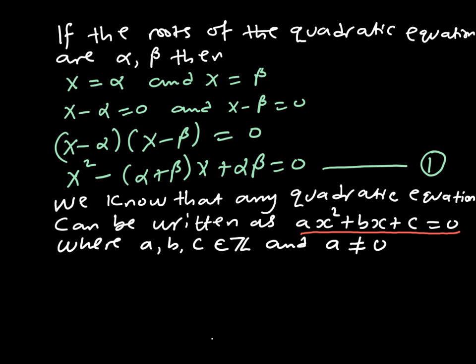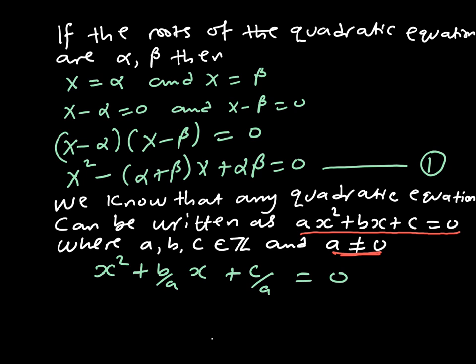They are numerical values, but for any quadratic equation, a must not be equal to 0. This fact must be fulfilled. You can change this equation and divide through by a, so you have x squared plus b over a of x plus c over a is equal to 0.